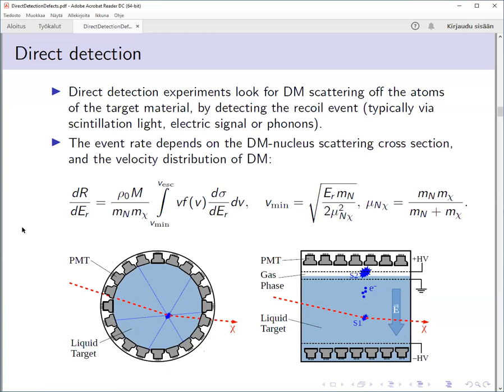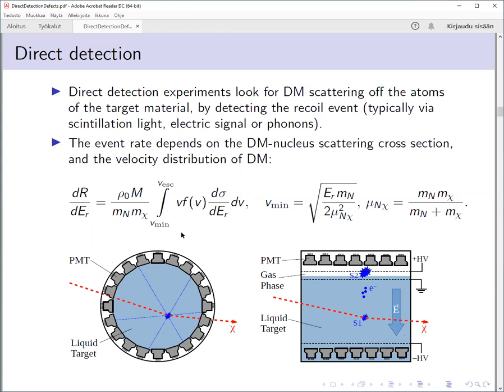So with this in mind, we come to the basic principle of these direct detection experiments. You have some bulk of matter that you watch carefully, and you try to observe a dark matter particle hitting it and depositing some amount of energy in the bulk of matter that you are observing. So you are trying to see energy coming from nothing into your bulk of matter. Now, what this matter is, there are various experiments.